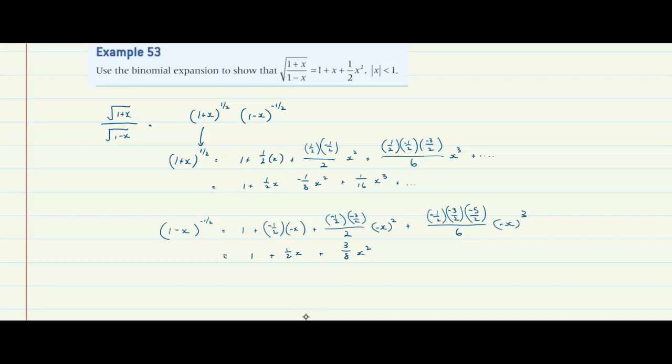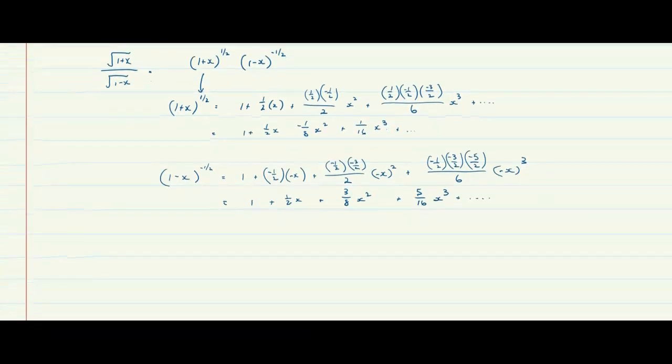So it'll be 135 over 248. Sorry, 15 over 48. 15 over 8, divide that by 6, that's 15 over 48, or 5 over 16. So it looks like plus 5 over 16 x to the power of 3, and that goes on.